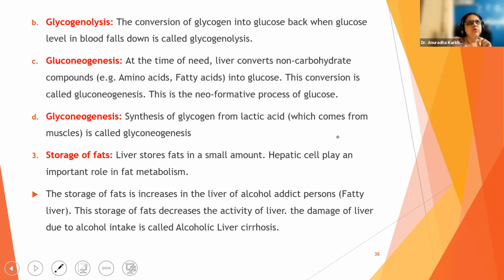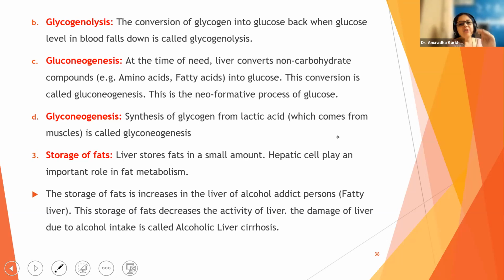Why is it? Why does it happen? Because the sugar level has dropped down. After some time, again, you will feel better. Why? Because the stored sugar in the form of glycogen is now going to be again broken down to release the glucose and give you energy. Right? So that is called glycogenolysis, glycogen ka lysis. So glycogenesis, formation of glycogen. Glycogenolysis, breakdown of glycogen to liberate sugar, glucose.